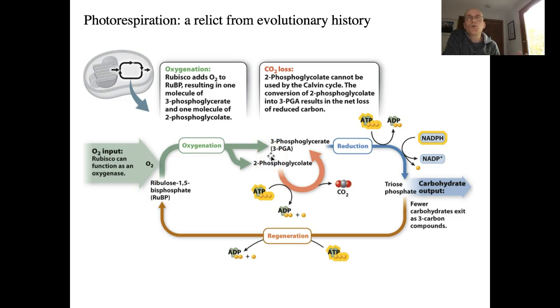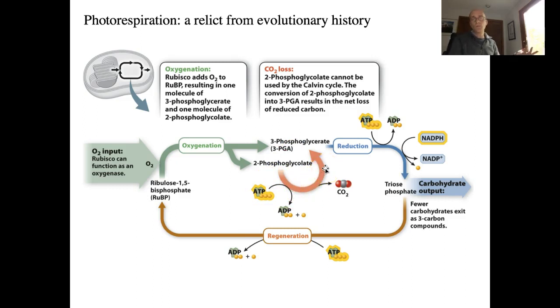But for you, all you should know is that when you have the input of oxygen through the oxygenation reaction of rubisco, that leads to carbon loss, because a molecule called 2-phosphoglycolate cannot be used in the Calvin cycle. The conversion of 2-phosphoglycolate into 3-phosphoglycerate, which can be used in the Calvin cycle, requires ATP input and a net loss of previously fixed carbon. And that's bad, right?